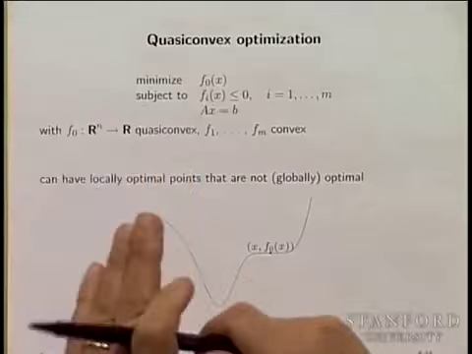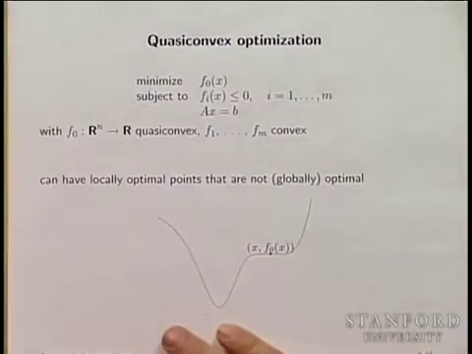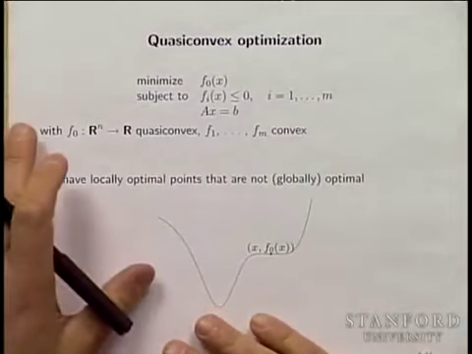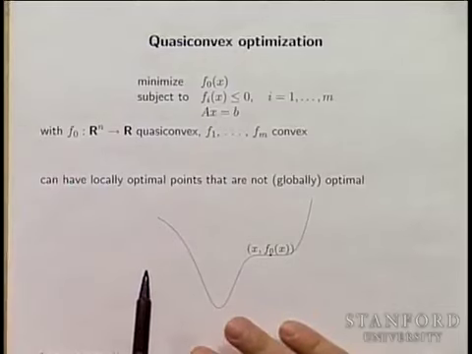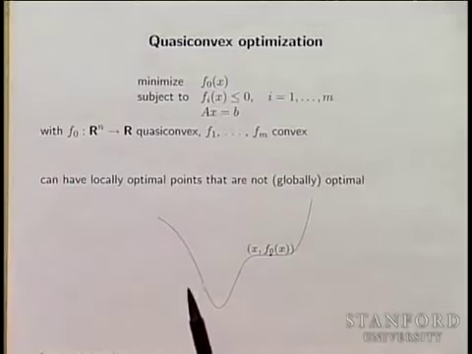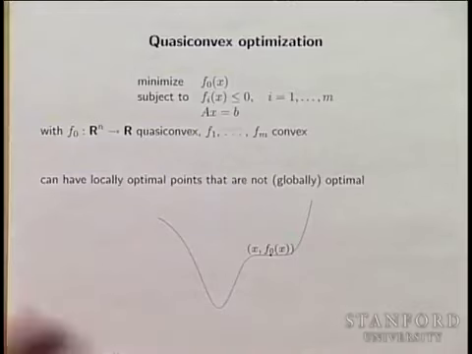Quasi-convex optimization. Here, f0 is quasi-convex. There are lots of practical problems that are quasi-convex. And here you have to be very careful, because the most basic thing, which says a locally optimal point is globally optimal, is completely false.